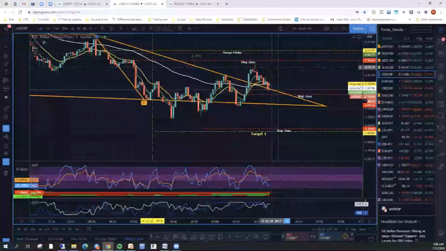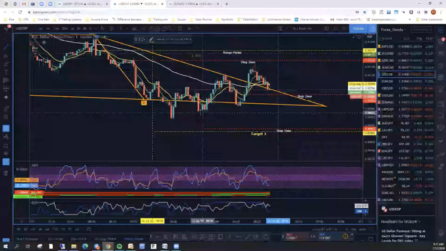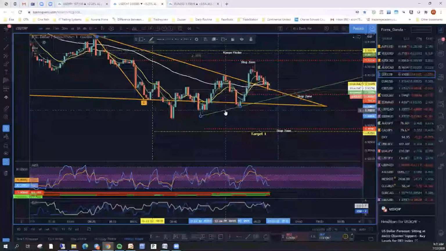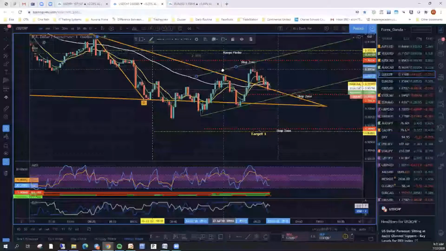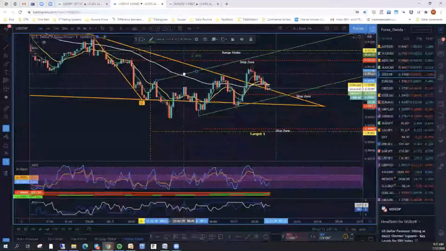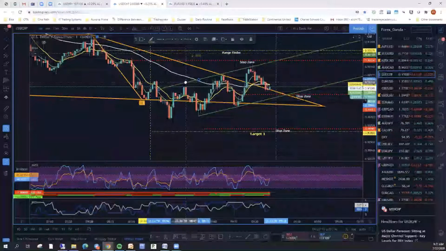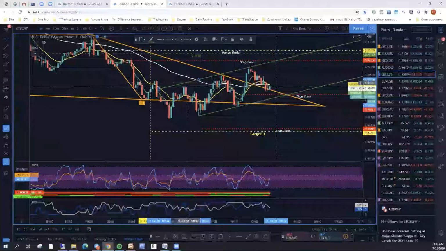This thing is forming a bit of a channel in here. This is all basically price action analysis. You don't need a whole bunch of fancy indicators to do this.